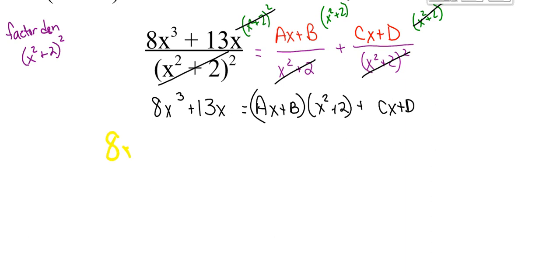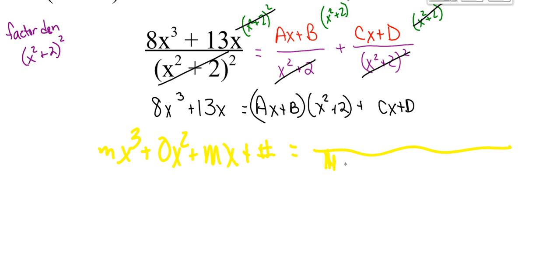I want to have a 0 x squared plus something x plus just a constant number, and then I want to get the same kind of thing over here: something x to the third plus something x to the second plus something x plus some number, and see what happens so that I can match those parts.